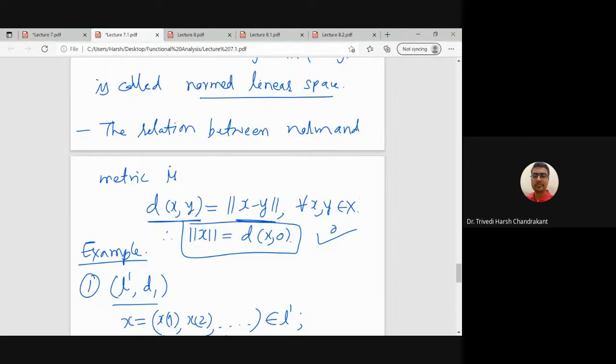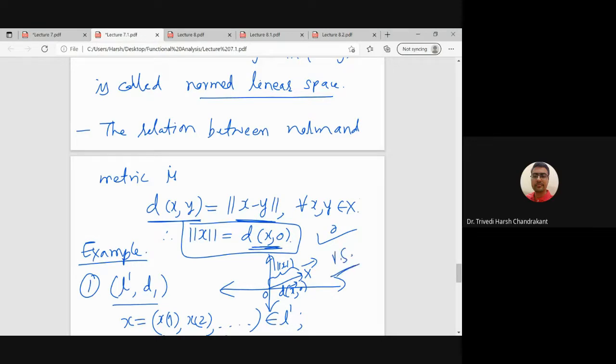So if we have any vector, then the length of the vector is basically its distance from 0 to that vector, right? So that is exactly this thing. The norm of x is basically the distance of x from 0, but this is true only for vector spaces, right?